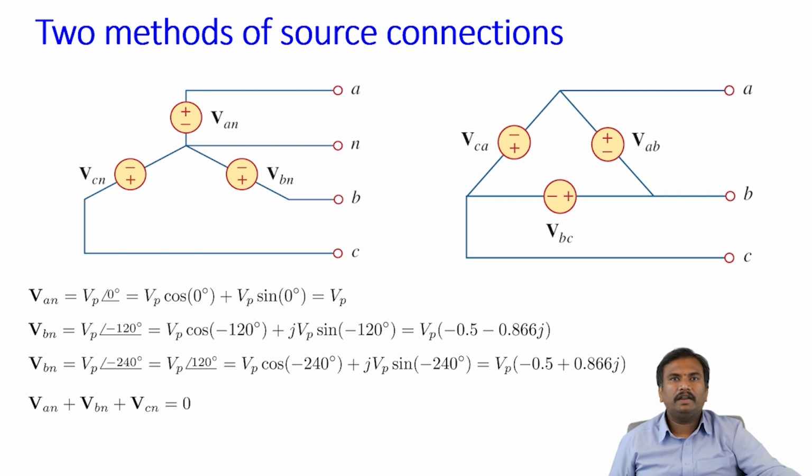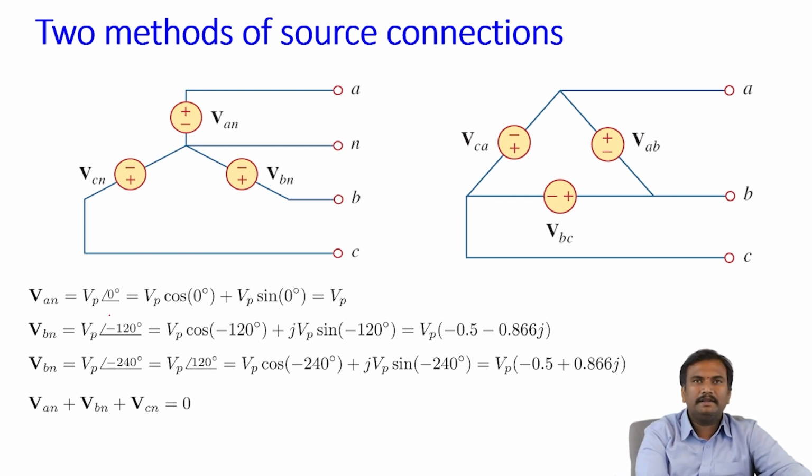Here, when we take VP at an angle 0, that is VP cos 0 plus j VP sin 0, which is equal to VP. And VBN is equal to VP at an angle minus 120. If we substitute, VP cos(minus 120) plus j VP sin(minus 120), which is equal to VP into minus 0.5 minus 0.866 j.